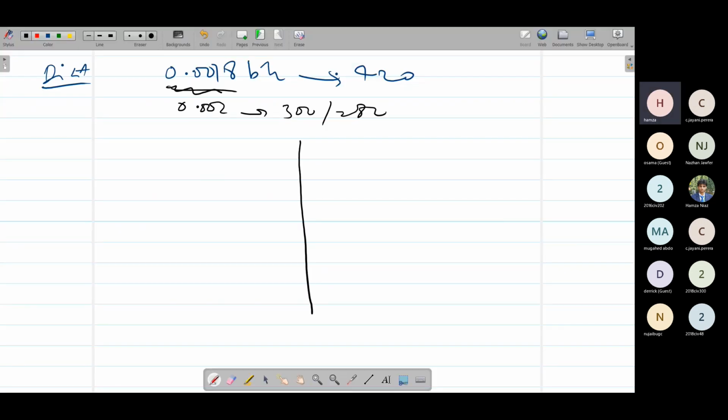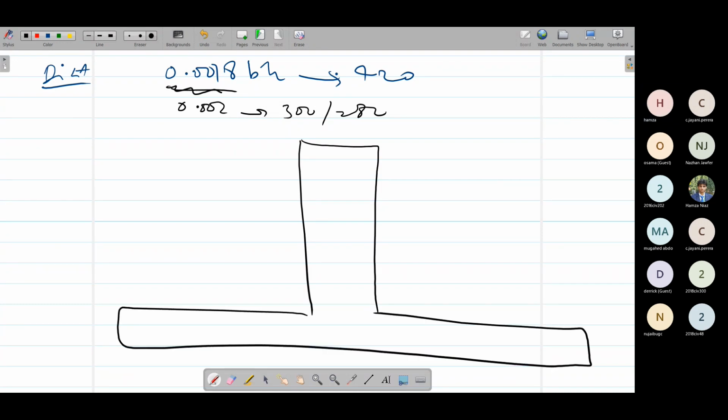So how are we going to put the steel in this retaining wall? This is our main steel, this way our backfill wall. This is our main stem steel that we calculated using the Mu.